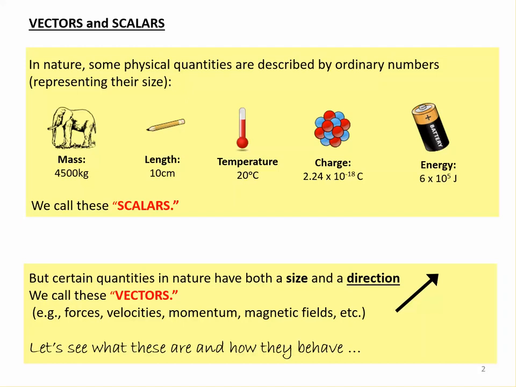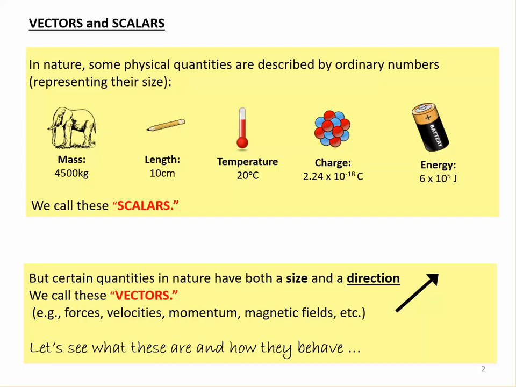Likewise, imagine you see a particle and it's moving through space, and I say describe its velocity. It's not sufficient to just tell me how fast it's going. You also have to tell me the direction that it's moving. So force and velocity are two examples of vectors, quantities that have both a size as well as a direction.